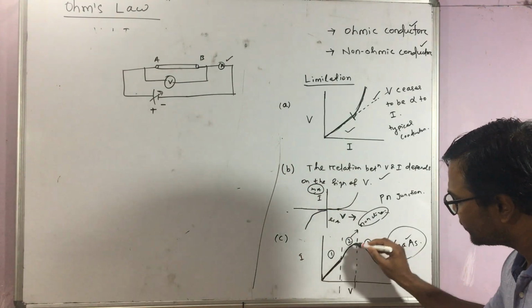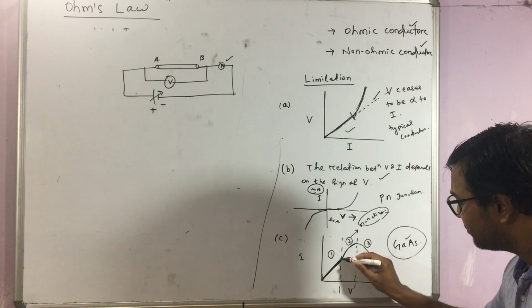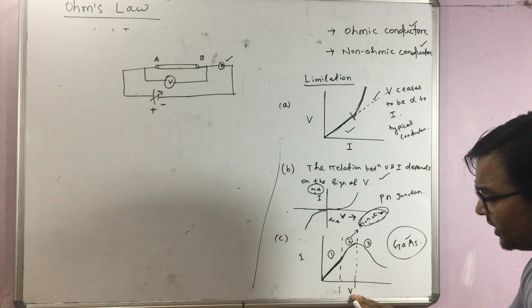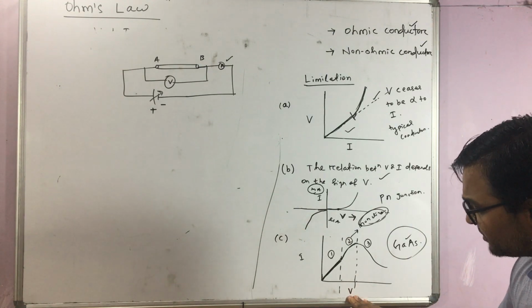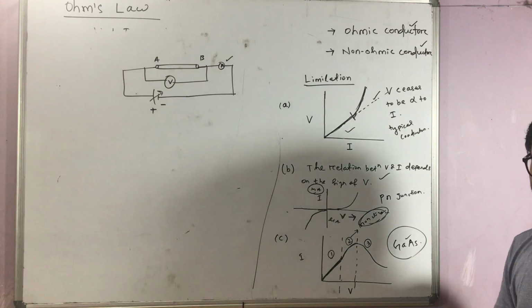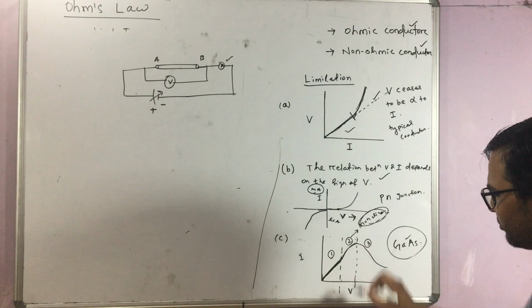It is not a straight line. Clear? In this region, Ohm's law is not obeyed as the region is non-linear, though if you increase V, the value of I is increasing, but not directly. That's why it is called the non-linear region of the graph.